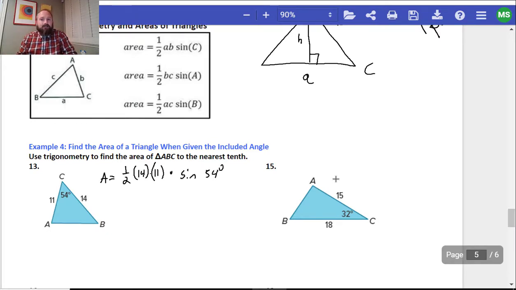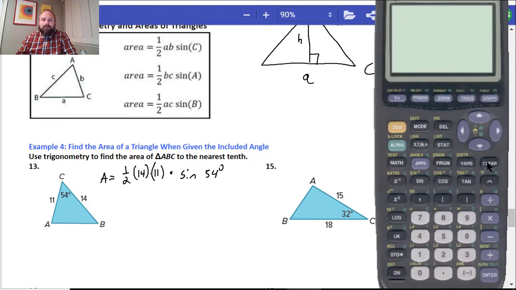That's it. All right, well, let's get our calculator out, clear it up. Half of 14 is 7. So I'm going to do 7 times 11. Well, that's 77. So I'm going to do 77 times the sine of 54 degrees. And that will tell us our area.